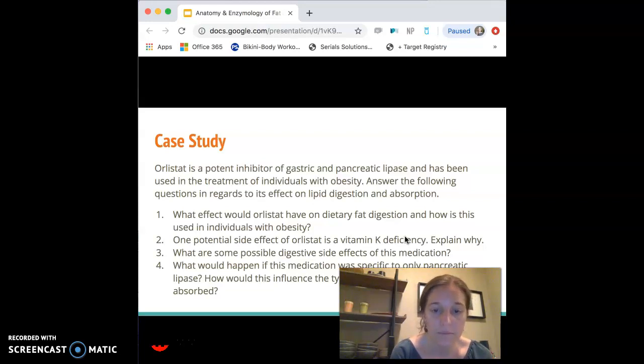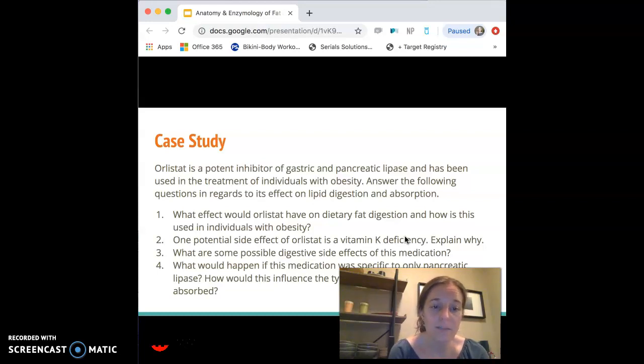I'll explain why. As we discussed at the beginning, there are fat-soluble vitamins that are also absorbed in a similar process to triglycerides. Since orlistat inhibits the gastric and pancreatic lipase enzymes, it could potentially impact the digestion and absorption of fat-soluble vitamins such as vitamin K, therefore creating a deficiency.